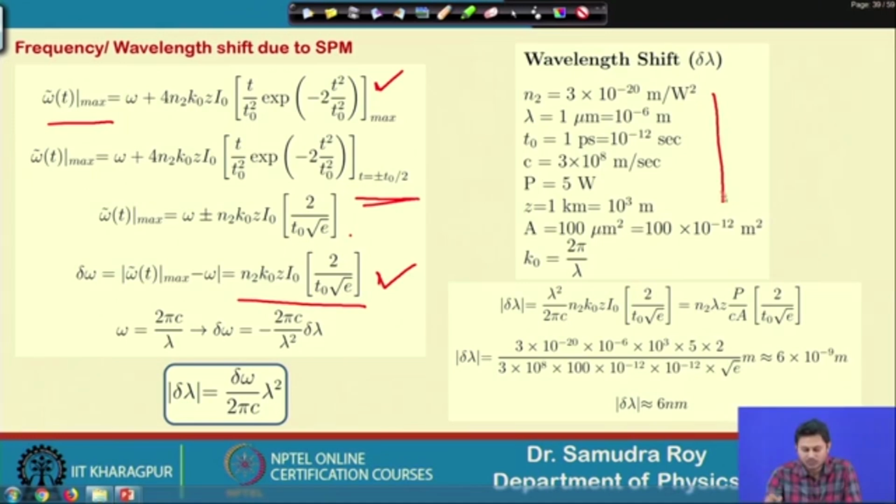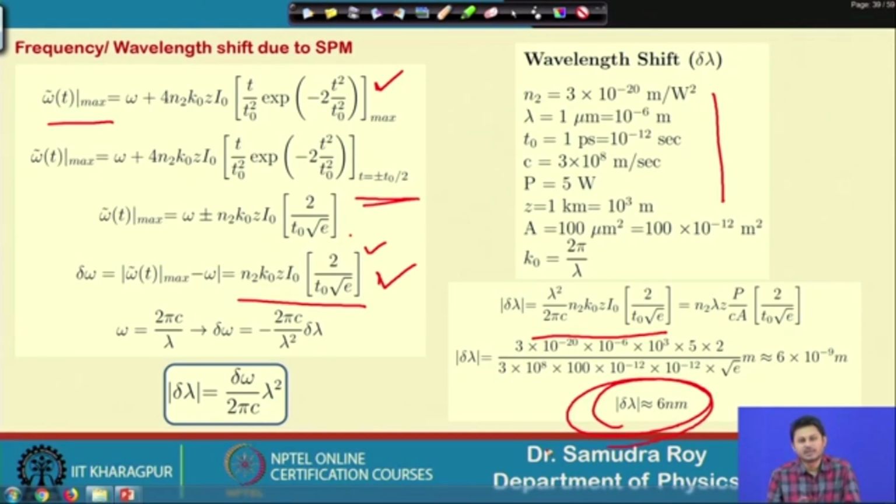These are the values that are given, and if you put these values in and do all this calculation, you need to use this expression which is here, and once you do that, you will find for the given values the change of the wavelength is 6 nanometer.